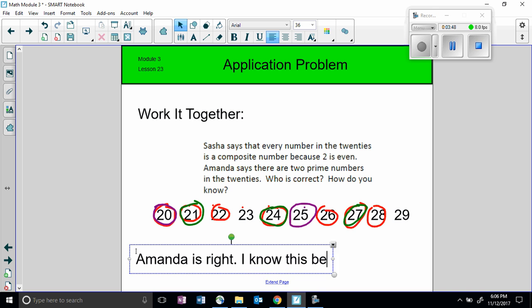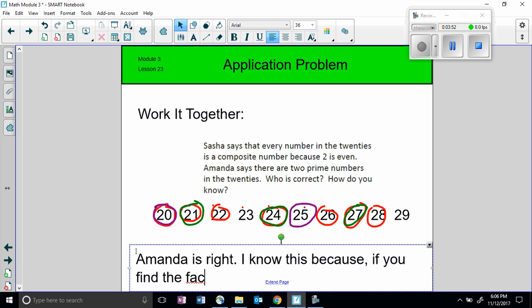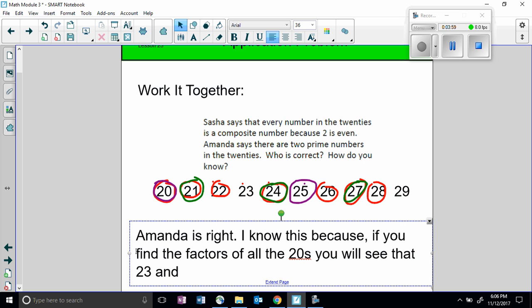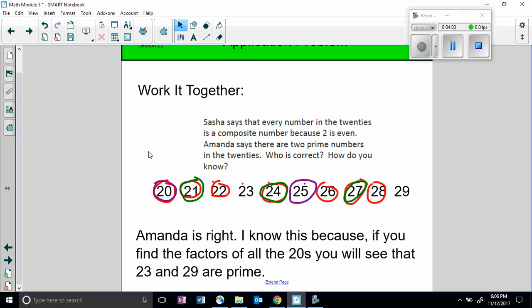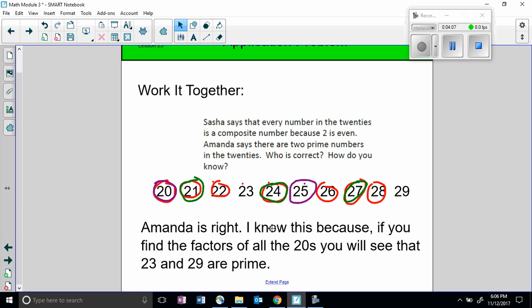I know this because if you find the factors of all the 20s, you will see that 23 and 29 are prime. Ha, that rhymed. 23 and 29 are prime. So that's how I would say it.